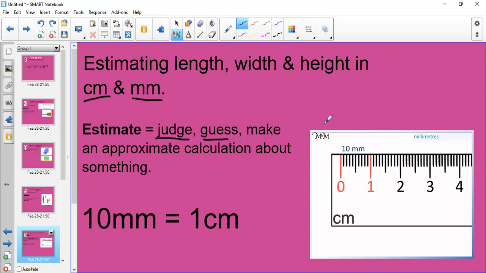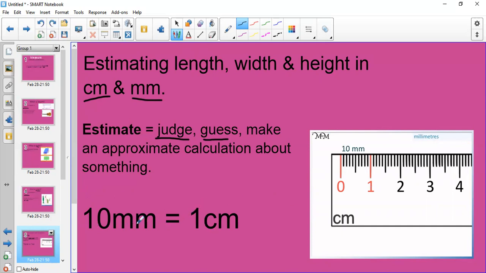If you look at a standard ruler that you would use in school, or that you might bring with you to school, that's typically 30 centimeters long. And if you ever see millimeters, so mm, you just need to remember that 10 millimeters is equal to 1 centimeter.